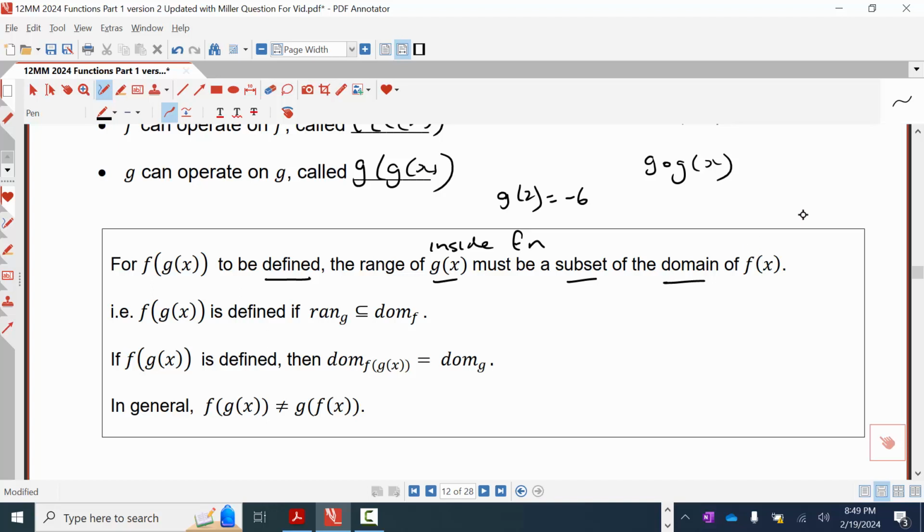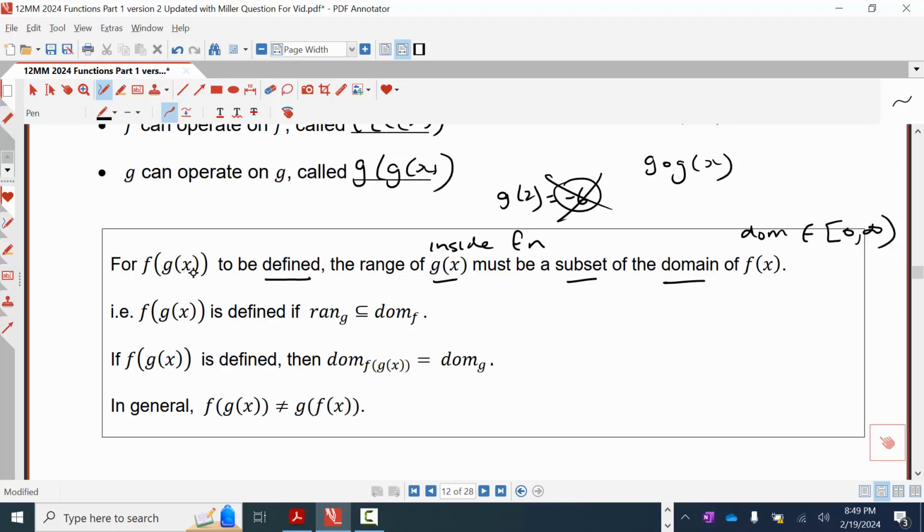Just say the domain of f of x, for whatever reason, was 0 to positive infinity. This composition is not going to be defined because g of 2 is -6, the y value is -6. It goes into f of x, and f of x's domain is 0 to positive infinity, so it says, no, I'm not taking that value.